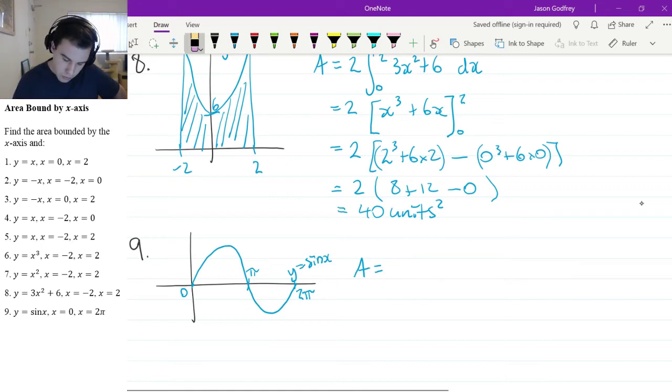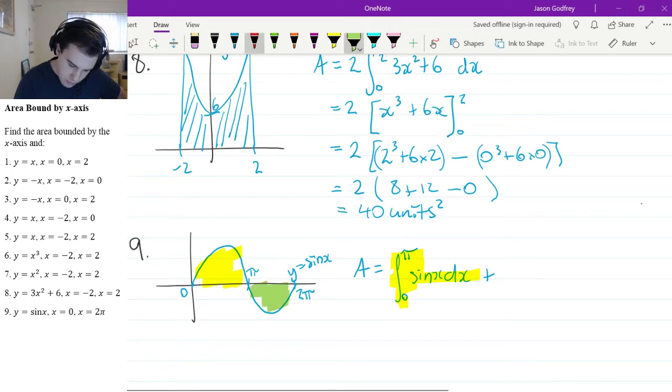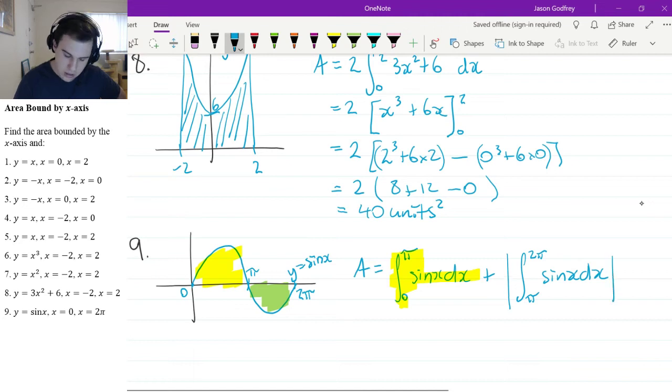So you could double one area, but just for the sake of it, let's split it up into two pieces. This piece here in yellow will be the integral of sine x from 0 to pi. And this bit down here will be the integral from pi to 2 pi of sine x, and since it's below the x-axis, we need to take the absolute value.